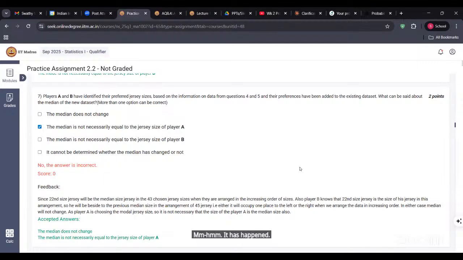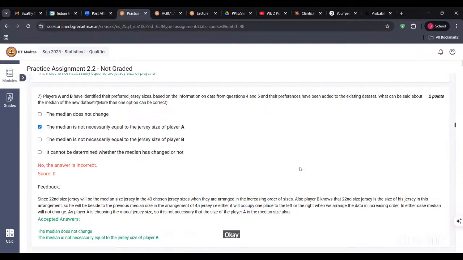Now, similarly for B, he can choose M as a median, we can have that, right? Come again, madam. Player B is choosing what sizes? He can choose either S or medium, right?